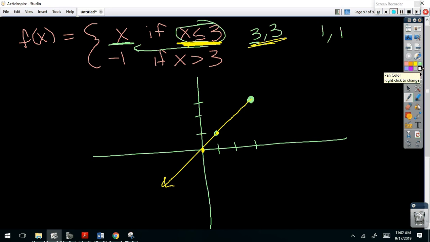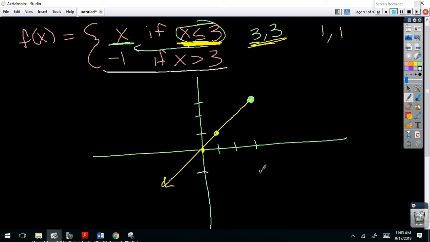Okay, so now I'm looking at this equation. Somebody's already said, is that just a horizontal line? That is absolutely just a horizontal line. So the horizontal line, y equals negative 1, but it's only when x is bigger than 3. So 3, negative 1.